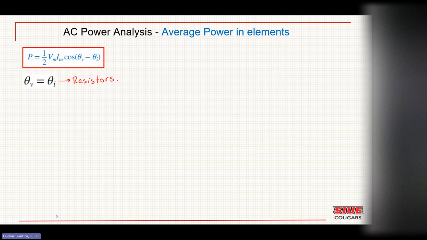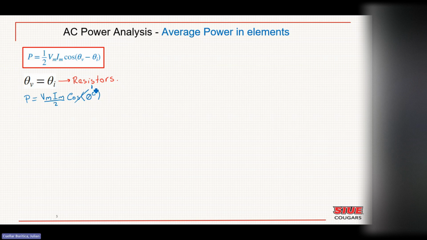Then it means that always for resistors, the power is going to be equal to Vm Im over 2 cosine of, because the angles are the same, the difference is going to be 0 degrees.